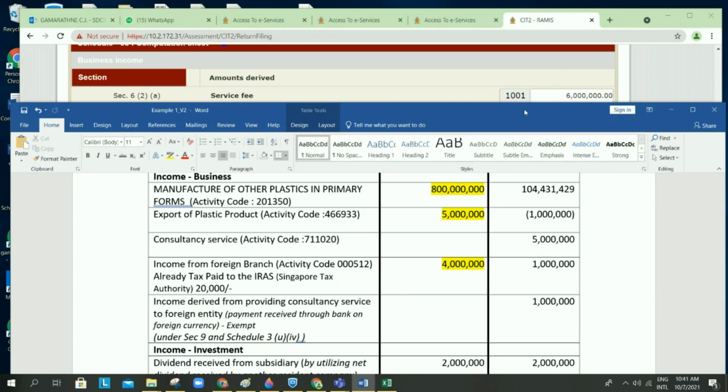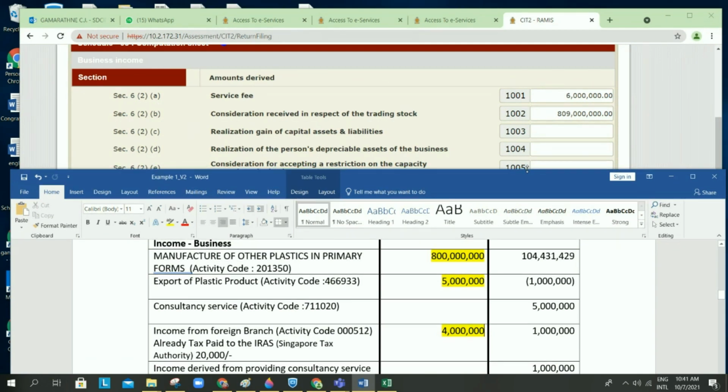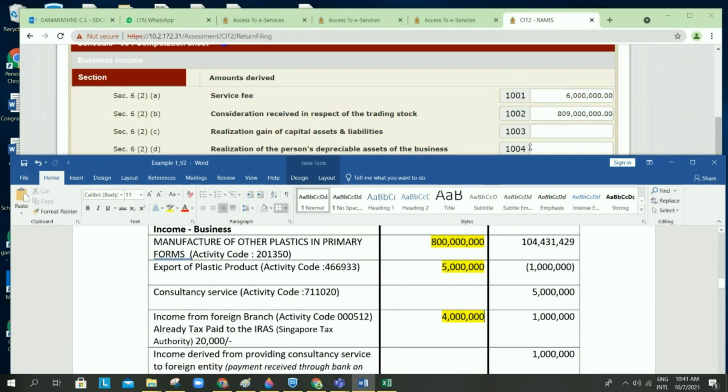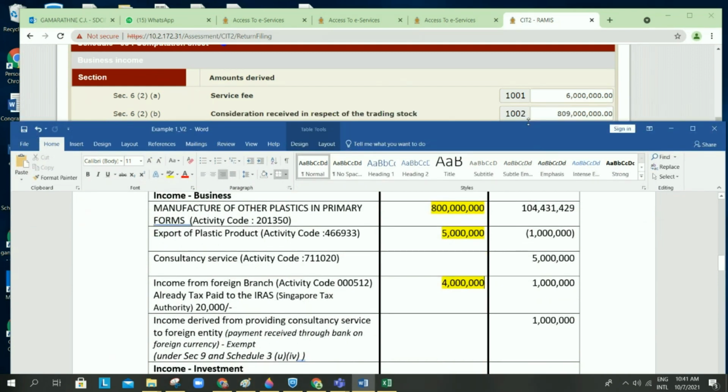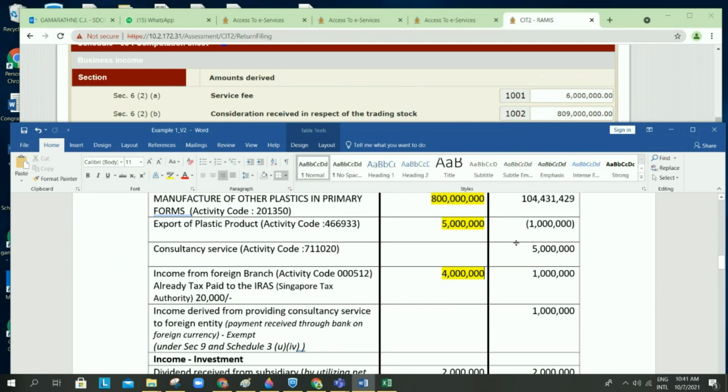Then we can enter this value in the sales figure, right? And not only that, they are doing some plastic export, and they are doing some branch work, right? By taking the entire value, we can identify the 809 million value we can take under the 1002 case number, consideration received in respect of the trading stocks, right?